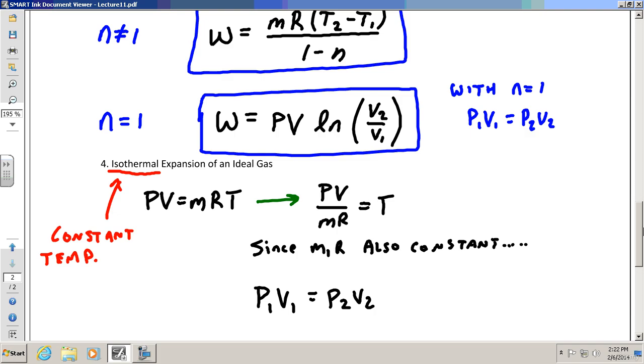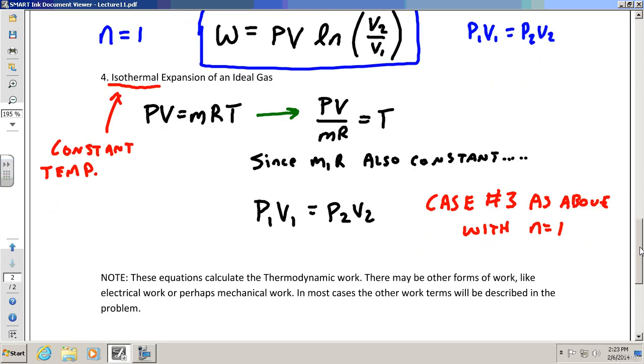Well, this is basically the same thing as what we had in case 3, right? We already did this problem. So when you have an isothermal expansion of an ideal gas, you have a polytropic process. So this is case 3 as above with n equals 1. Okay? So that's a form of that. And therefore, you already know the work, right?